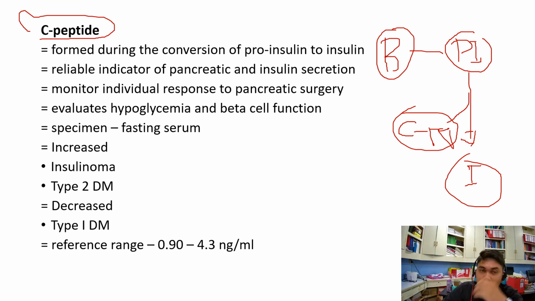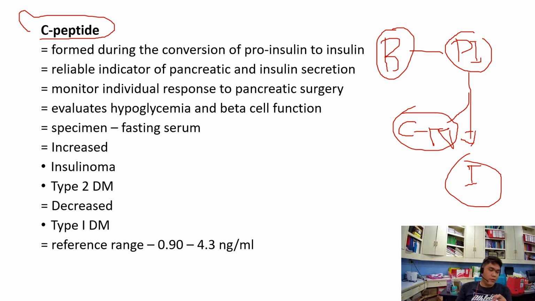That's why the C-peptide level is the more common test than insulin. It's because of its higher concentration.